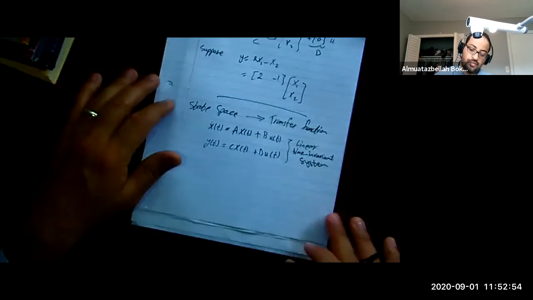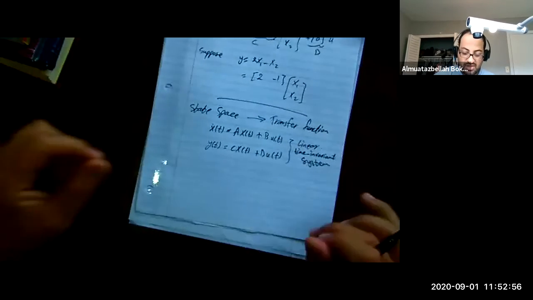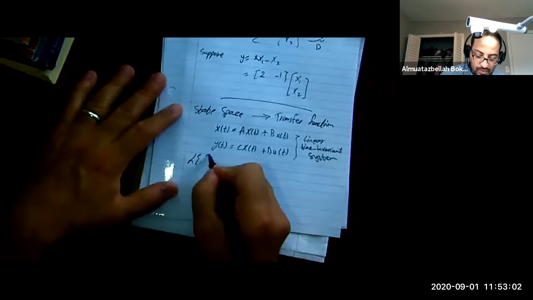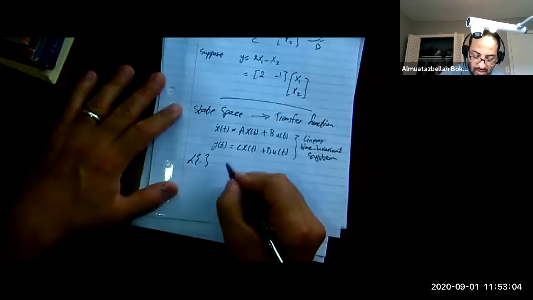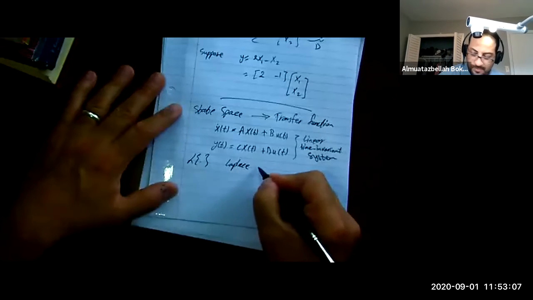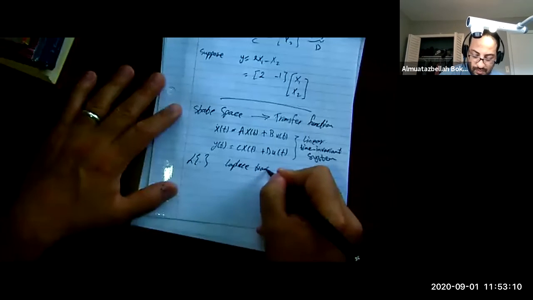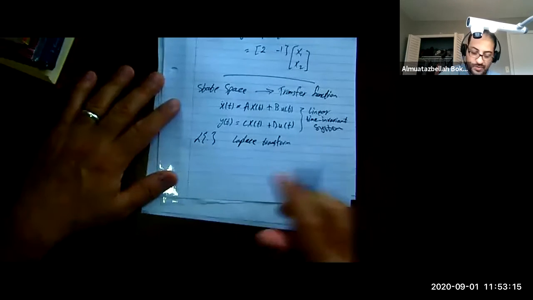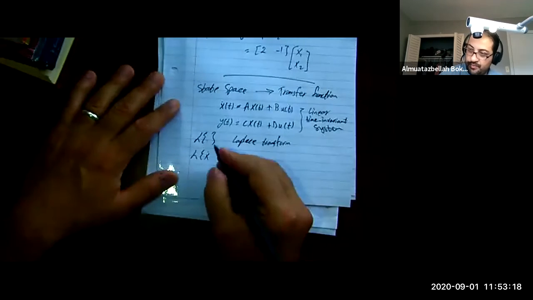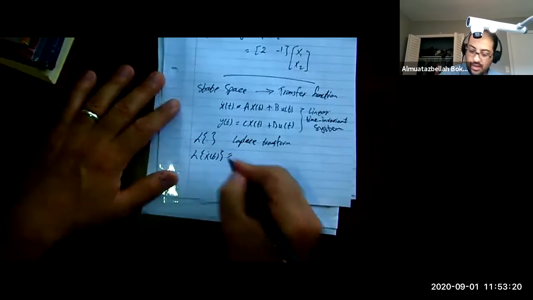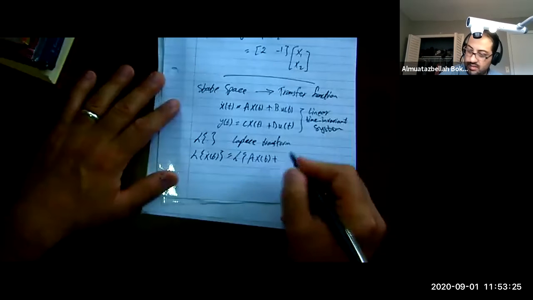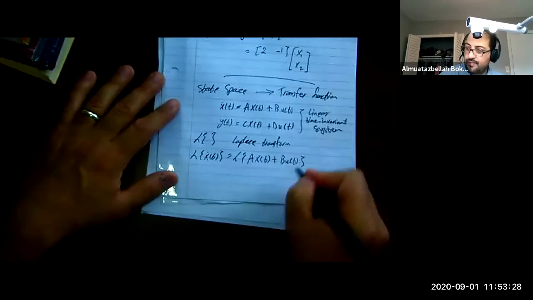So to go from here to transfer function, as I mentioned before, you just take the Laplace transform. I'm applying the Laplace transform. So Laplace of x dot of t equal to the Laplace of Ax of t plus Bu of t.